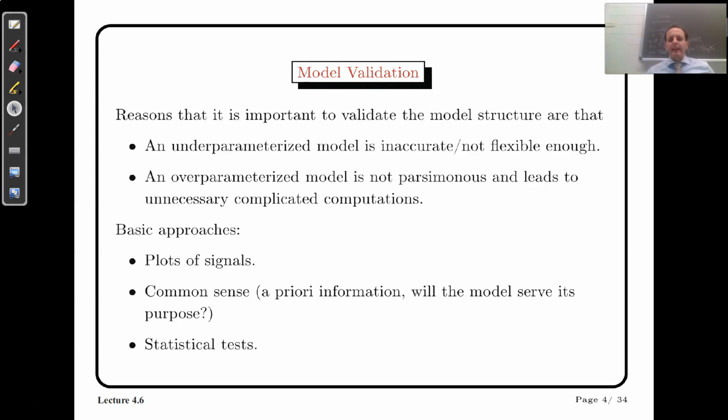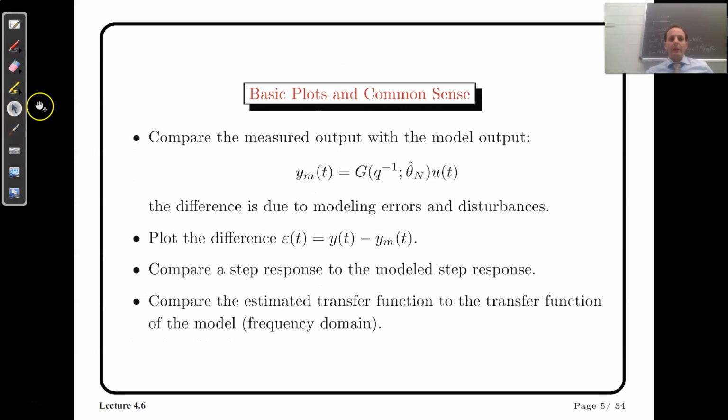So normally you make a comparison of the outputs. It depends, of course, on the purpose of your model, and there are also some statistical tests that can be used for your aim. So basic plots.